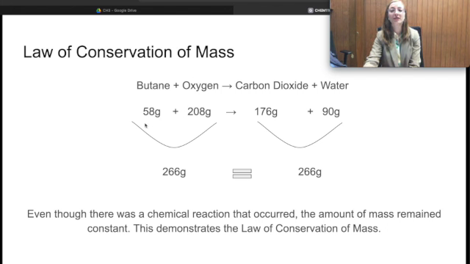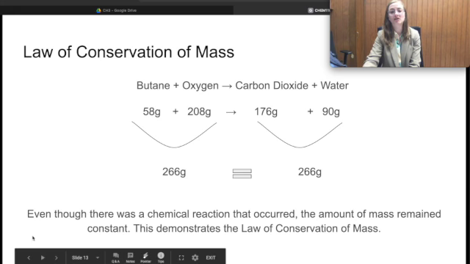So if we can figure out that we have the same amount of mass in the reactants as the same amount of mass in the products, that means the law of conservation of mass was demonstrated. It holds. So a chemical reaction occurred, but the same amount of mass in the end.